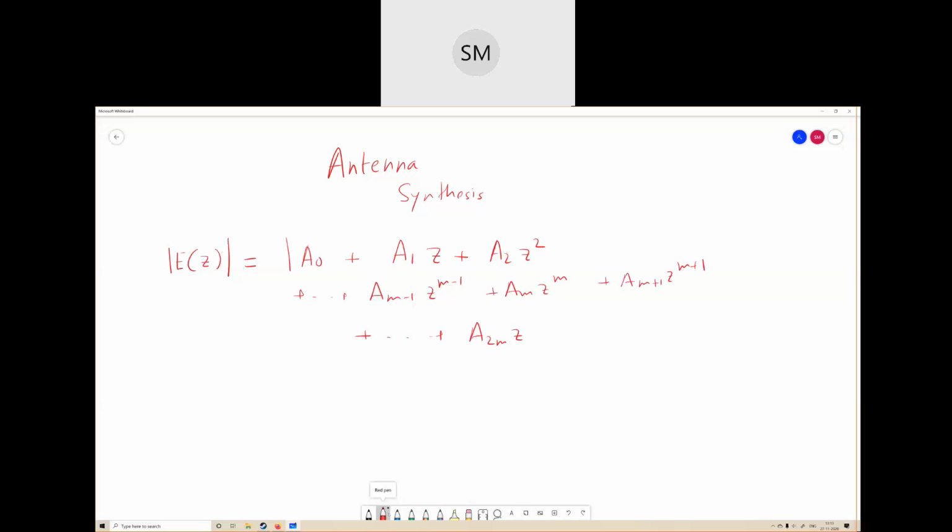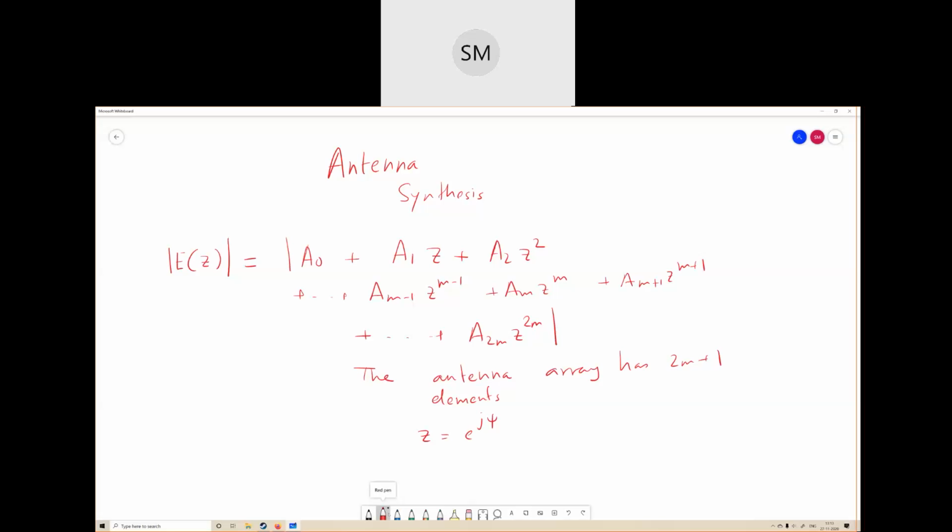We assume that the antenna array has 2m plus 1 elements, and z is equal to e to the power of j psi.